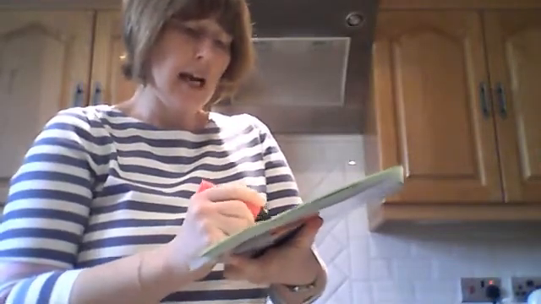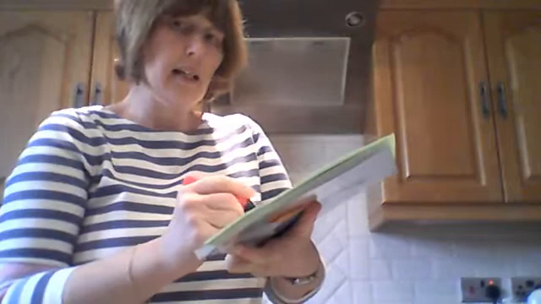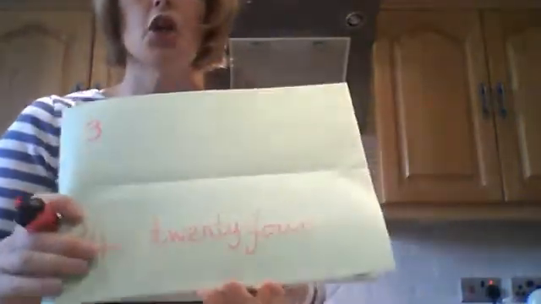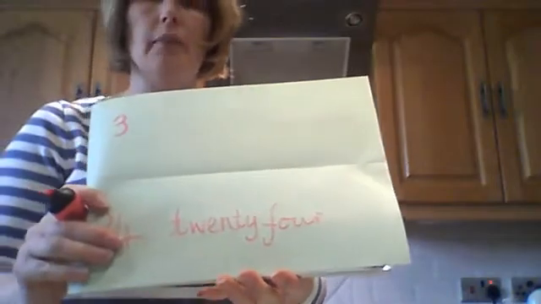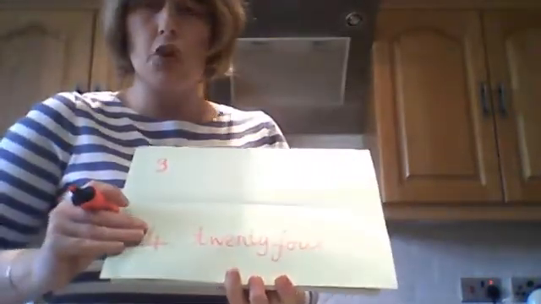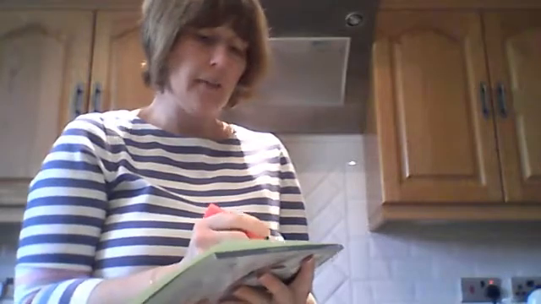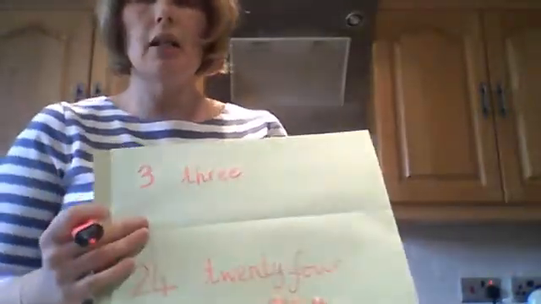So I've wrote 20. Can you see that I've wrote 24? If it was just that by itself, it would just be 4. Like at the top, I have wrote 3 because it's only a 1-digit number.